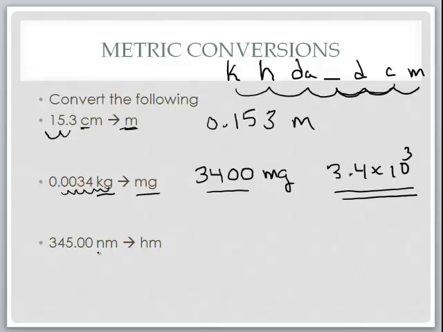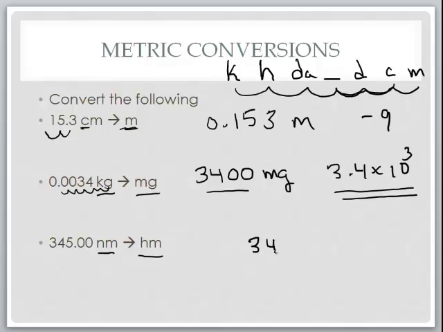Okay, we're going now from nanometers to hectometers. Now, if you remember, nano was 10 to the negative 9th, so it would take us 9 places to get back to the base unit, and then 10, 11 to reach hecto. So we would actually have to move our decimal point 11 places.